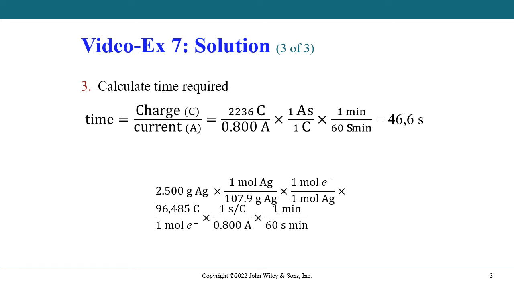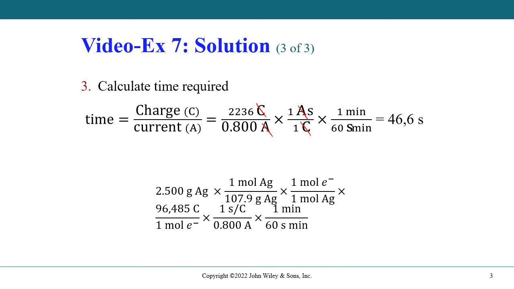And then we can calculate the time, remembering that time is equal to charge divided by current. And we can do the conversion, making sure that we know that this is a conversion unit to clear the coulombs. It's ampere per second for 1 coulomb, so that the coulombs cancel and the amperes cancel.